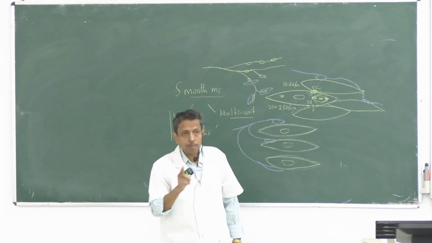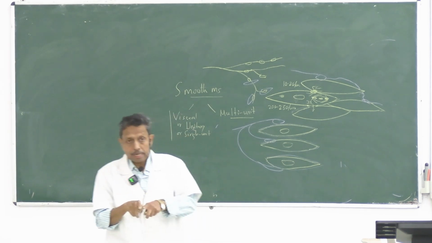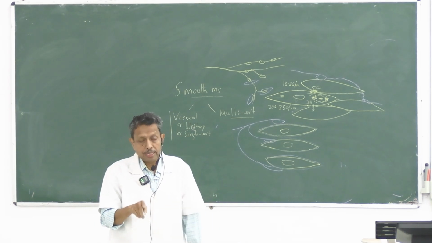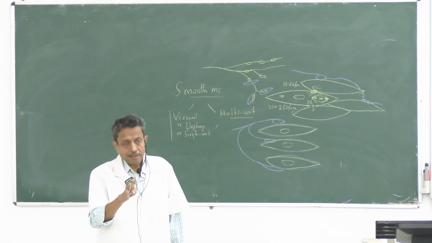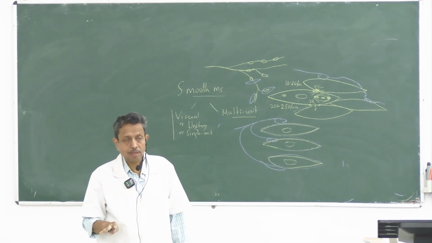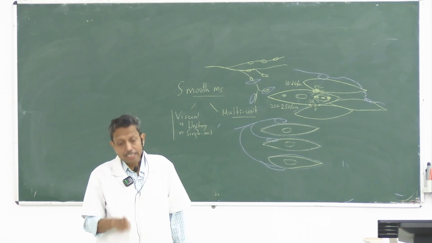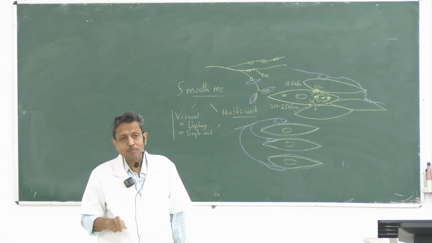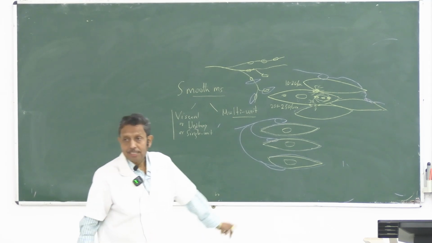In case of skeletal muscle, you can remember that the axon of the anterior horn cell comes near the muscle, and it divides. And a group of skeletal muscle fibers is supplied. The individual neuron and the group of these muscles form the motor unit. But here it is different.